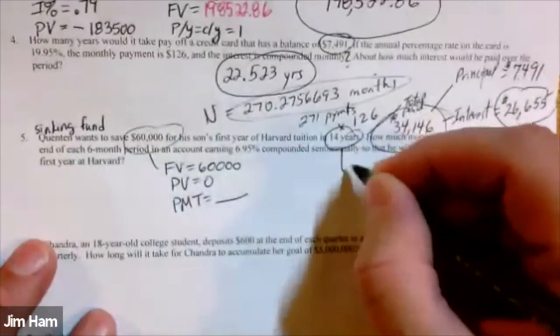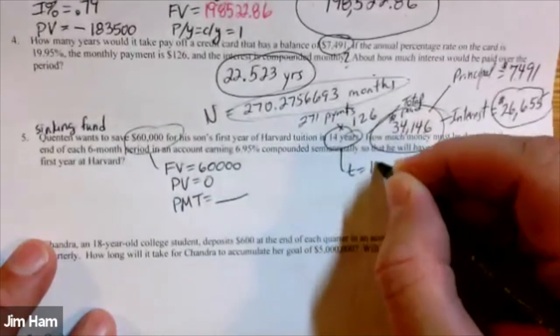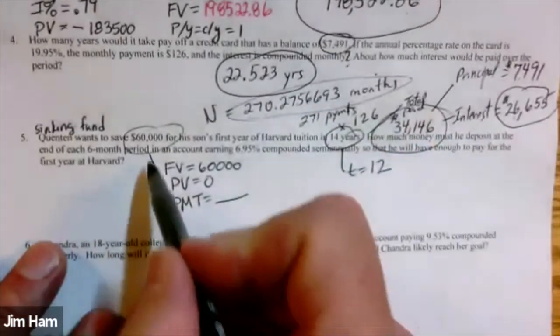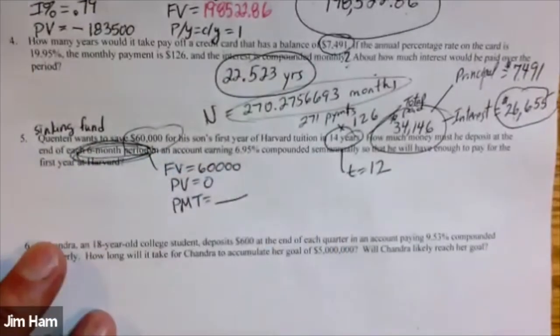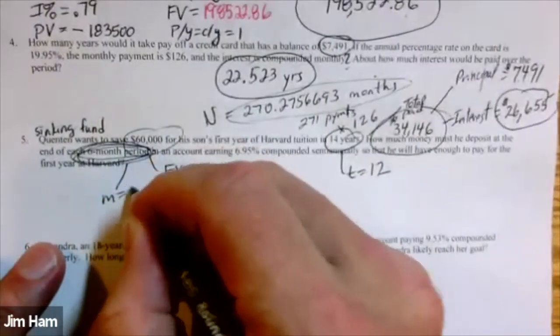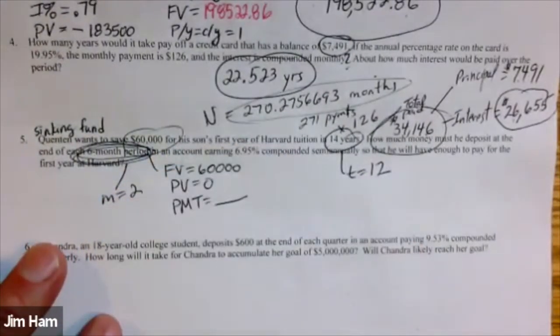We do know that T is equal to 12. And here it gives you a clue as to what the compounding factor is: at the end of each 6-month period. So at the end of 6 months, and then at the end of another 6 months, that gives you a year. So because of that, M is equal to 2. We are compounding interest semi-annually.